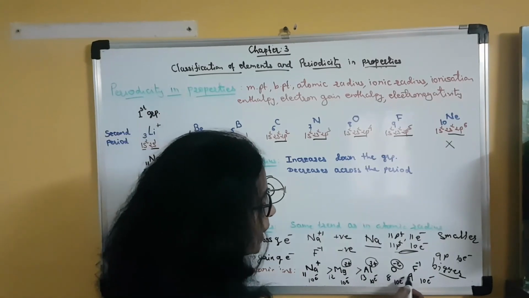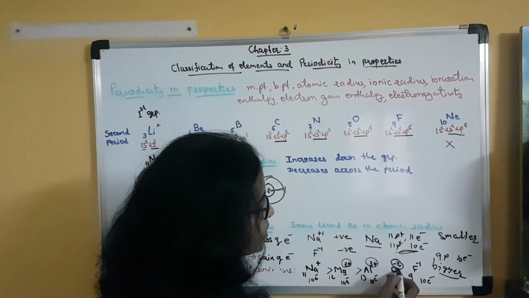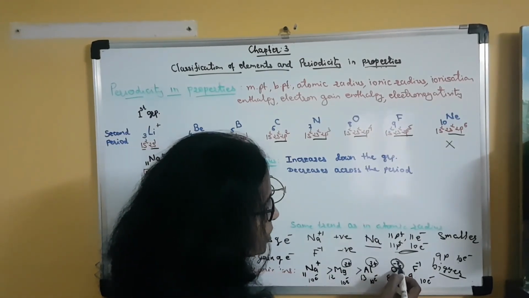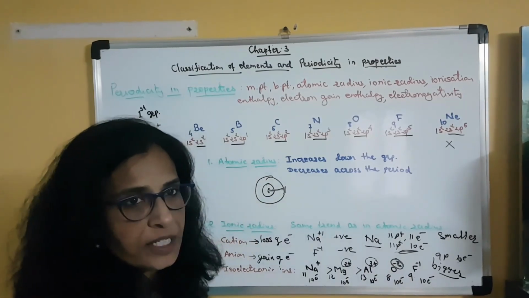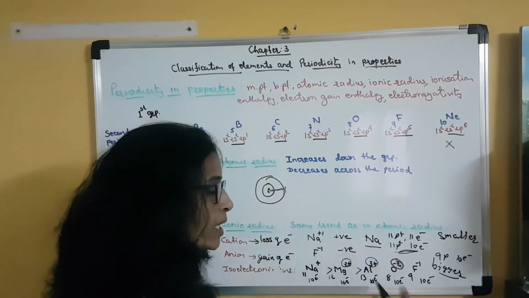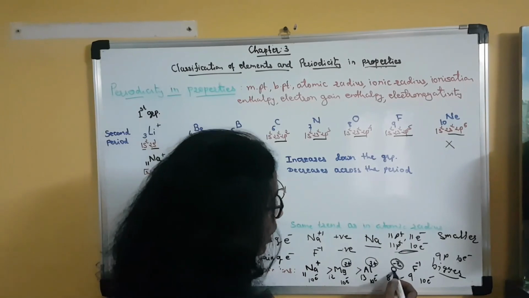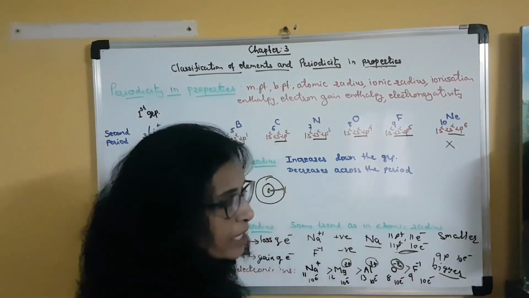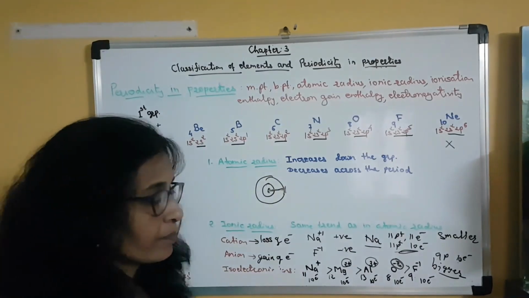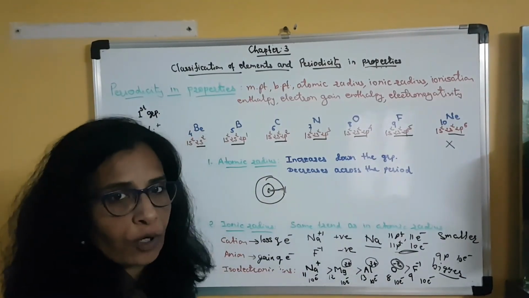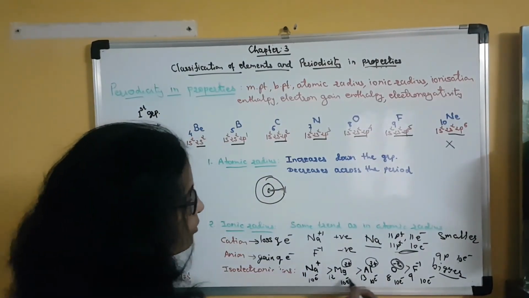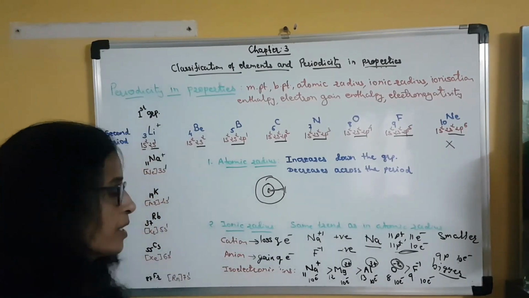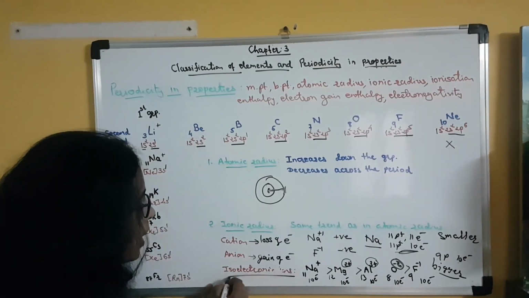Clear? So in case of negative ions, larger is the negative charge, more will be the repulsion, and so bigger will be the ion. So among these two, the oxide ion will be bigger in size compared to the fluoride ion, because in oxygen repulsion is more. Clear? So this type of MCQ based question can be asked from isoelectronic ions.